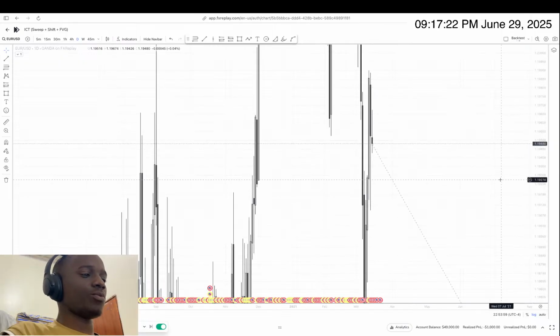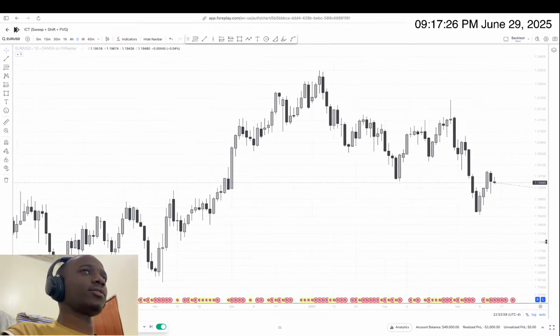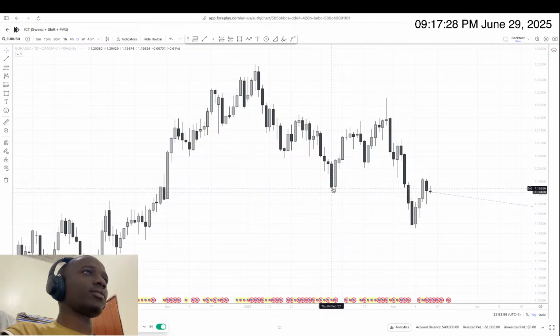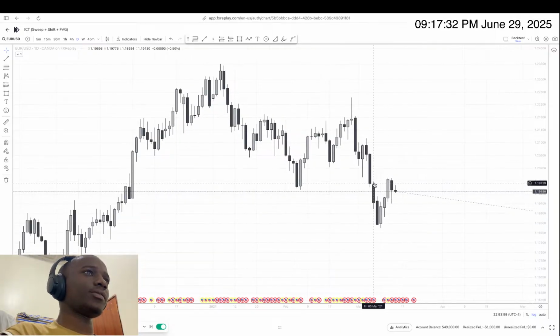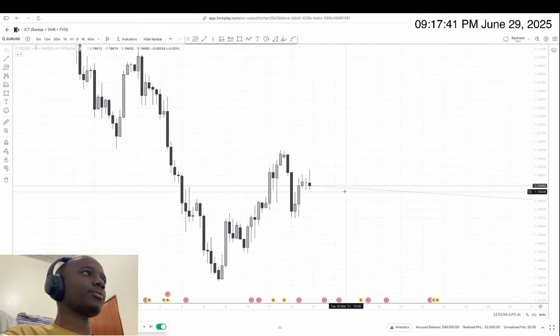This was 2021. So the daily is looking bullish, but you can see here that we're shifted, which means that we're already bearish, and we're retracing into a daily fair value gap here, which might be a nice reaction, but we're about to continue with the drop.